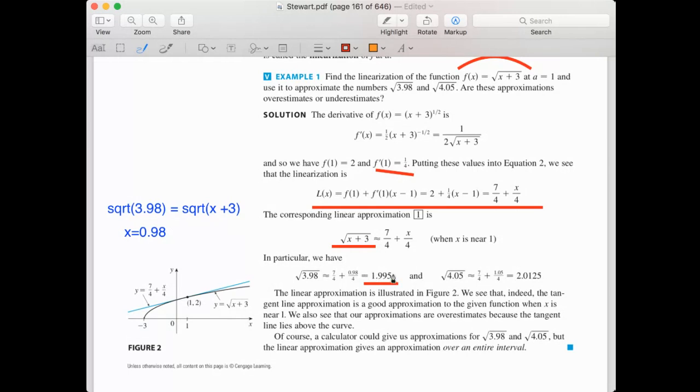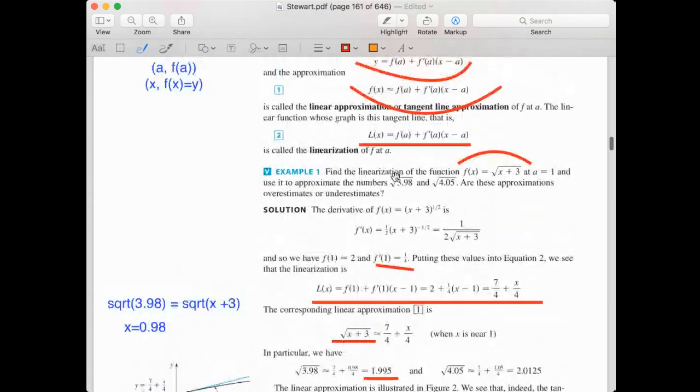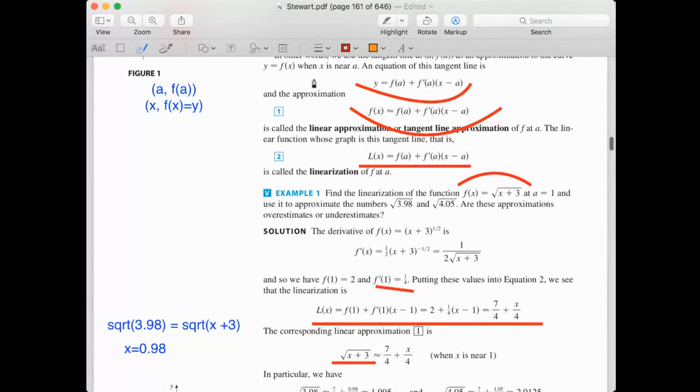If we want to be more exact, later on we'll learn quadratic approximations. So we go further and add to this. We will say, okay, add the quadratic term, f double prime of a, times x minus a squared.